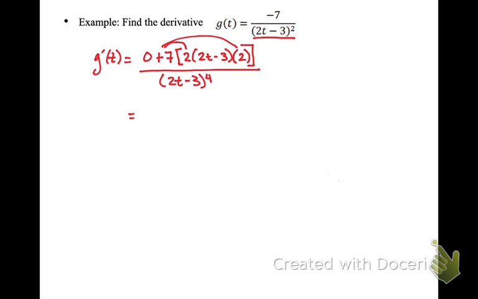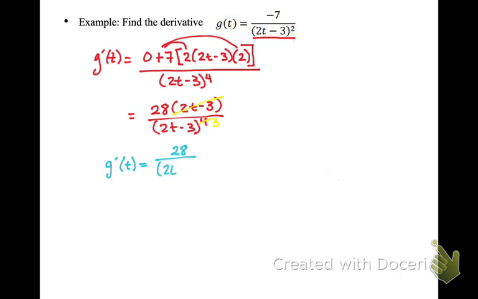So you have 28 (2t minus 3) over (2t minus 3) to the 4th. And I can reduce a 2t minus 3. So 1 here, and this goes to a 3. So g prime of t equals 28 over (2t minus 3) cubed.